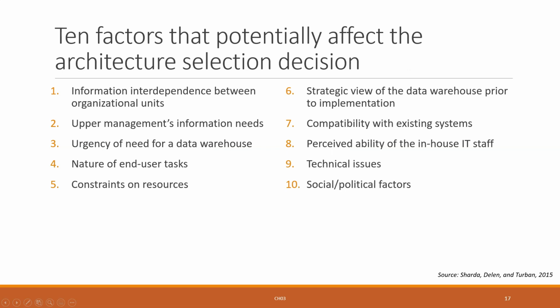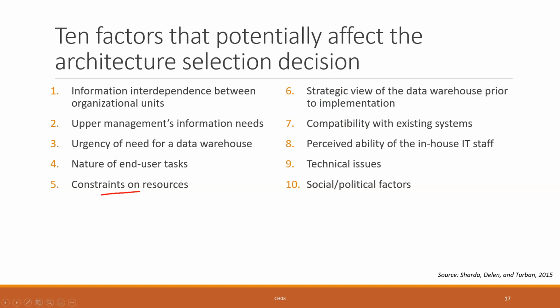Here are 10 factors that can affect the architectural selection decision. Starting from the bottom: social and political issues, technical issues, the ability of the IT staff, compatibility with existing systems, and also the strategic view of the data warehouse for the organization.